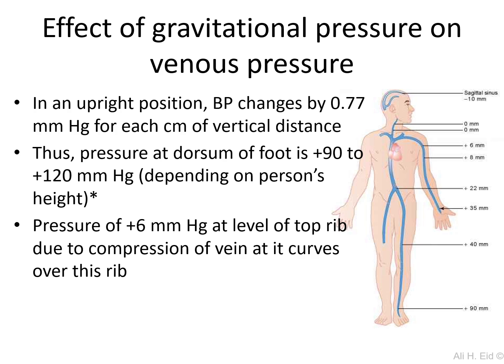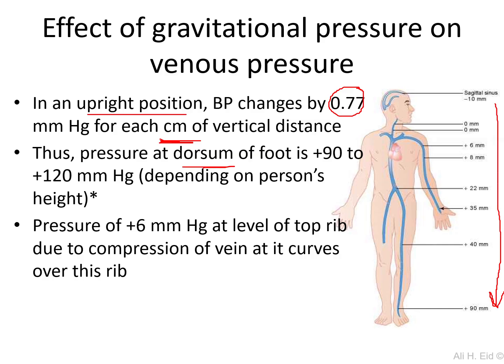This is basically similar or related to the previous slide. In an upright position, the blood pressure changes by approximately 0.77 millimeters Hg for every centimeter of vertical distance, and that's why you look at the numbers here increasing as you go down. So this is very important.